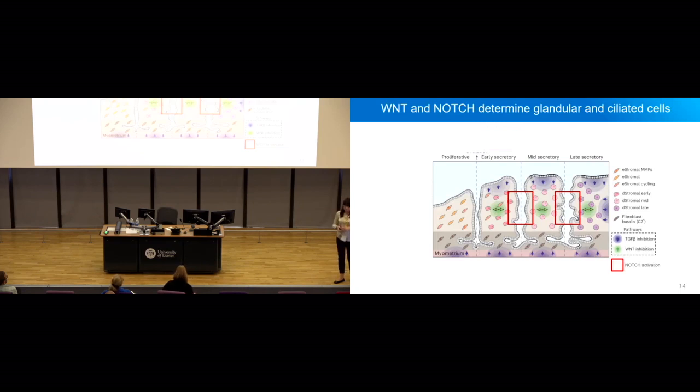So what we really wanted to explore here was the signals. On one hand, all this Wnt inhibition that we found that the stromal cells are giving to the epithelial glandular cells, and that this is important for their identity, and also the Notch activation that happens in the glands, which is supported by the epithelial interactions.